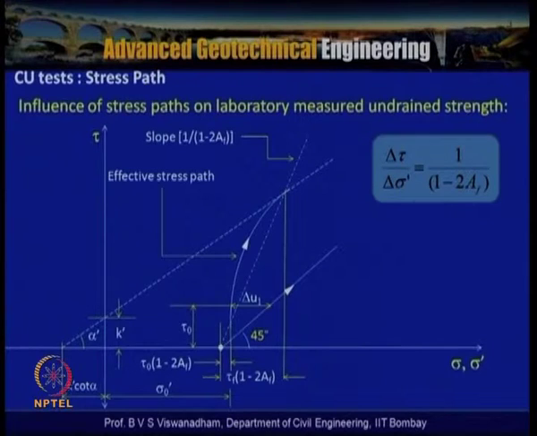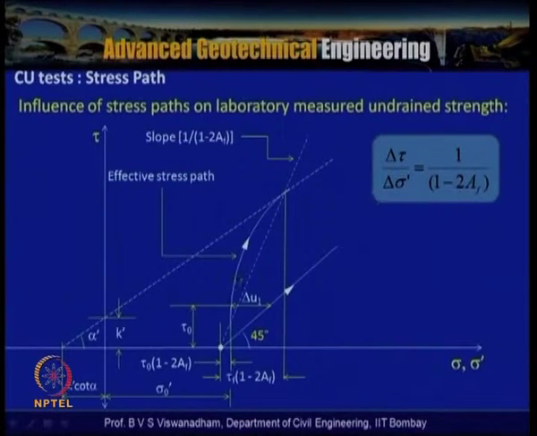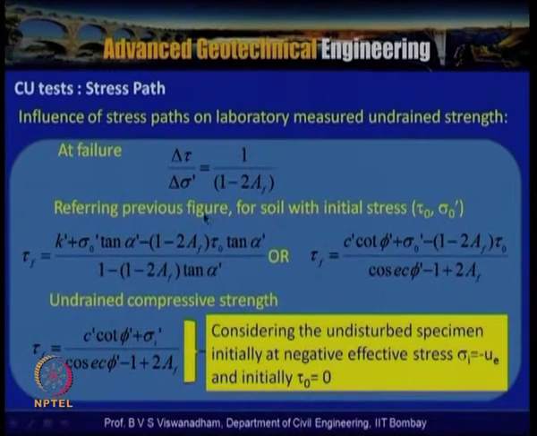So delta tau by delta sigma dash is equal to 1 by 1 minus 2 AF, that is the slope of this line. Now at failure, delta tau by delta sigma dash is equal to 1 by 1 minus 2 AF. So at failure it is like this, referring to the previous figure, for the soil with initial stress tau naught and sigma naught dash.